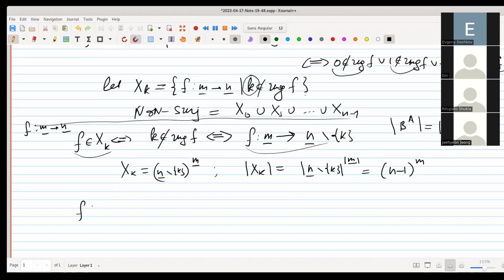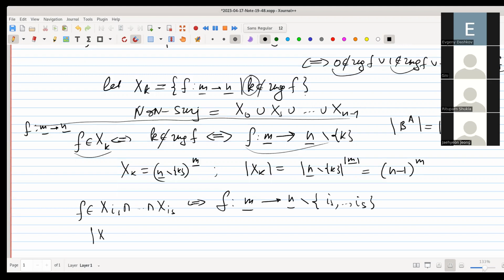But look, what if f belongs not to one such set, but to an intersection of a few such sets? That means that f is a function from M underlined to N minus all these numbers i1 and so on, up to is.